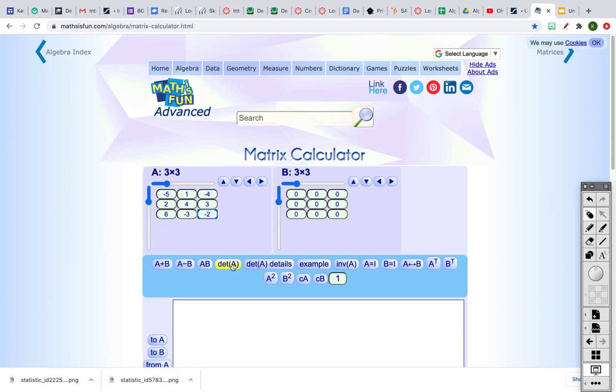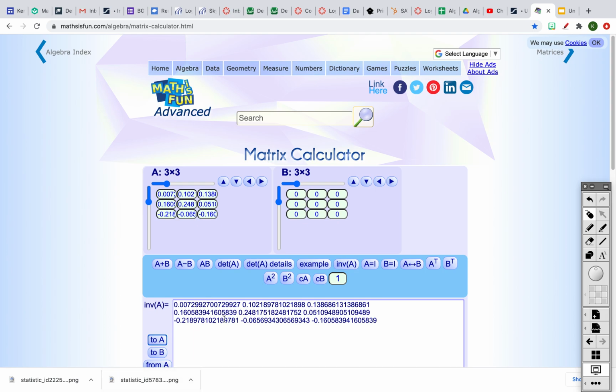Now we have to click the button inverse of A. So here's the inverse A button, and you can see all sorts of numbers show up down here. I don't want you to start typing. You just hit the button 2A, and you'll see all of these numbers are suddenly going to change.